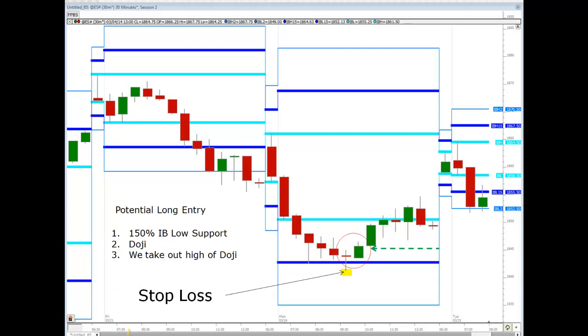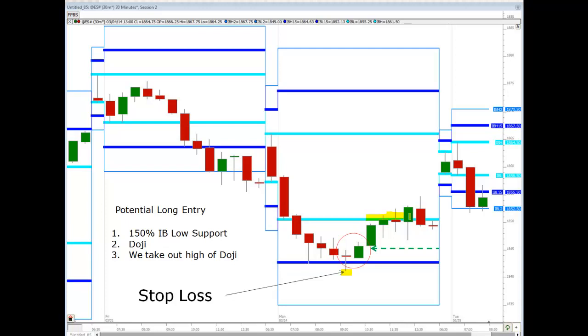Now, having established our risk management and our stop loss point, the next important question would be, where would our first target be? Naturally, for my first target, I'm going to use my IB level again, and it would be the initial balance low. That would be a reasonable first target.